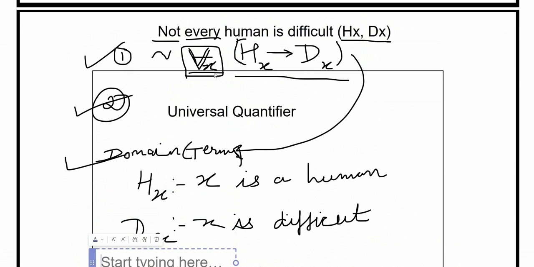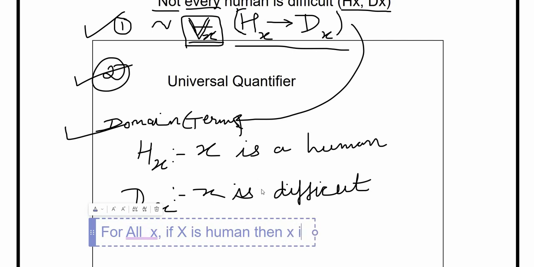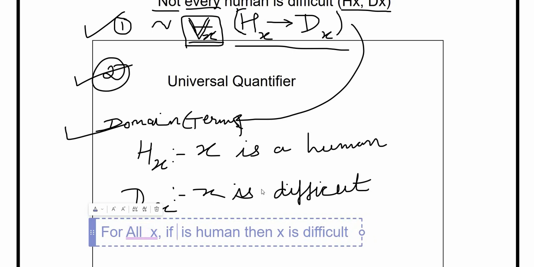Because this is a universal quantifier, we write for all x, and because we have implication also here, implies, we have to write: if x is human, then x is difficult. For all x, if x is human, then x is difficult.